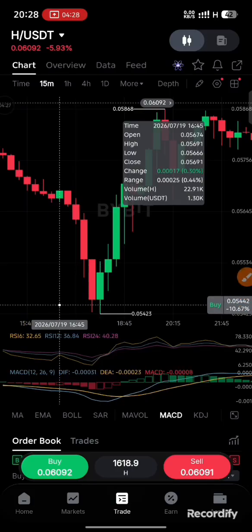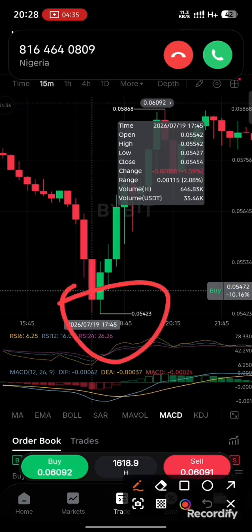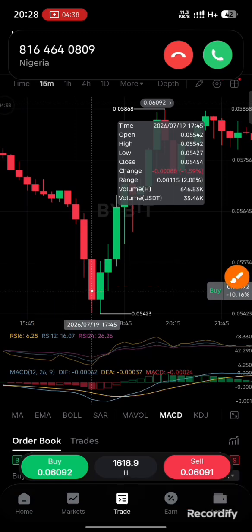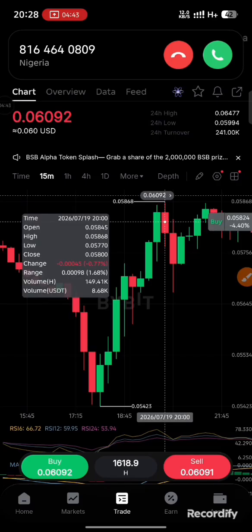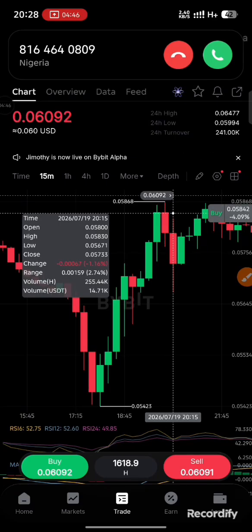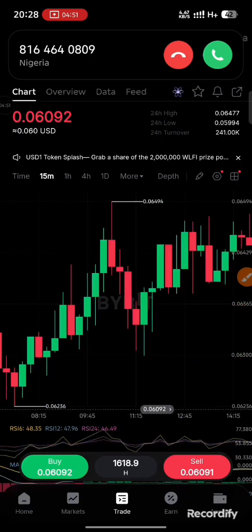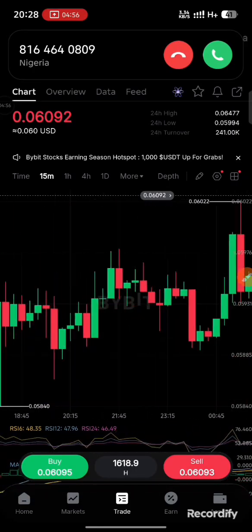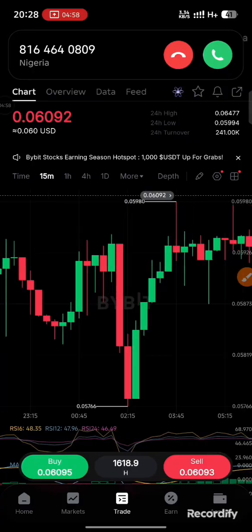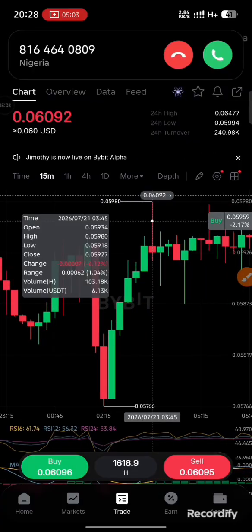If you purchase at this price, 0.05423, along the line there was a very reasonable move to this place, and at that particular place the MACD and the RSI had already changed their direction.